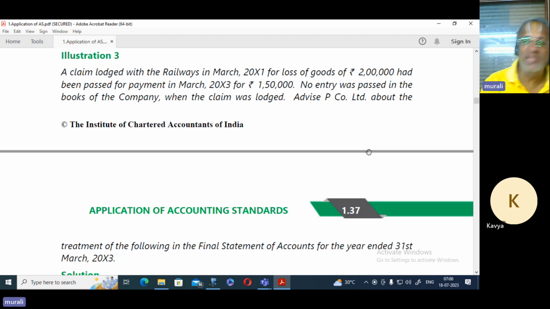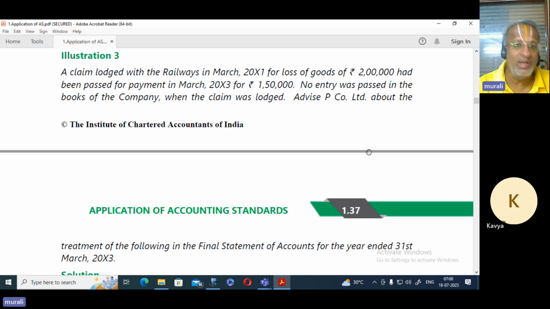Until such time, you would not have had the opportunity to account, so you cannot say that you missed out. When do you consider something missed out? When I had the opportunity to account and failed to account, then I have omitted the transaction.